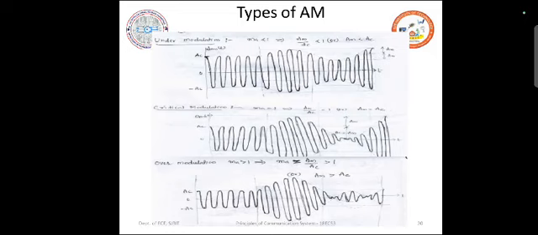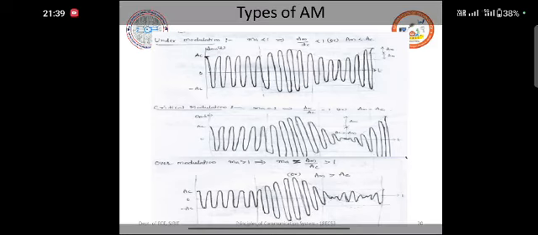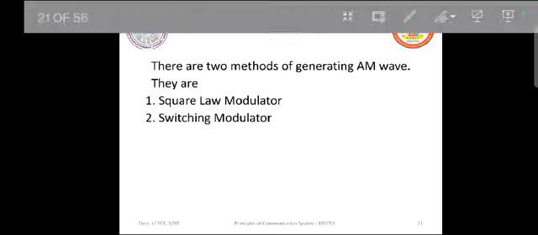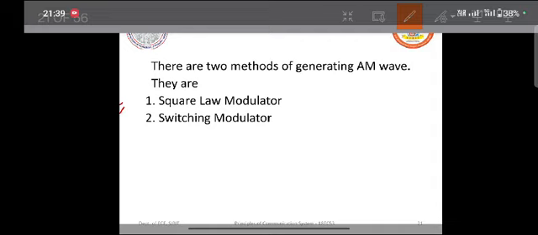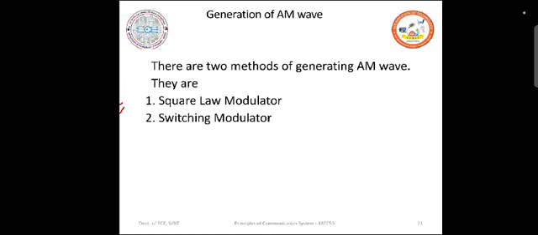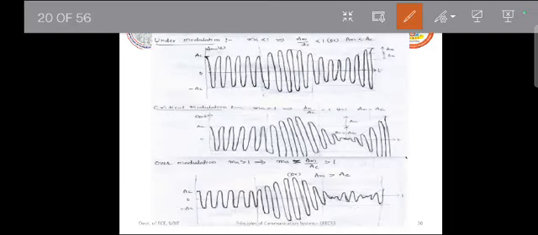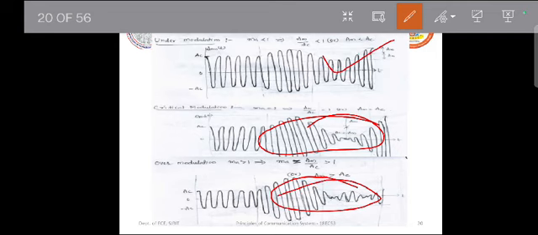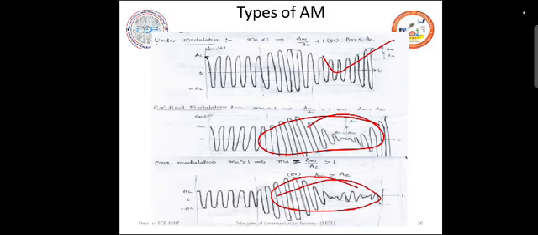Obviously it is the first case, because in critical and over modulation, you can observe this part of the wave is all kind of distorted. But in case of under modulation, the wave shape is retained as it is.